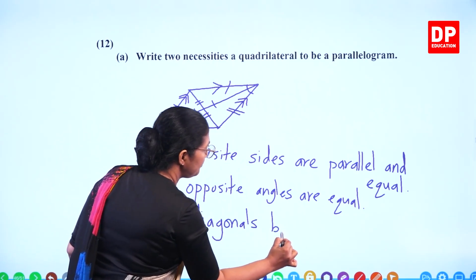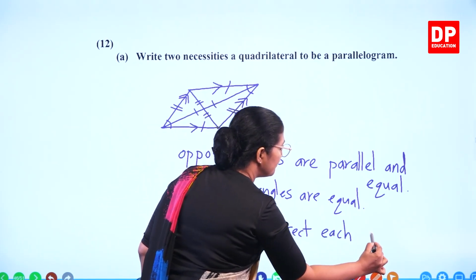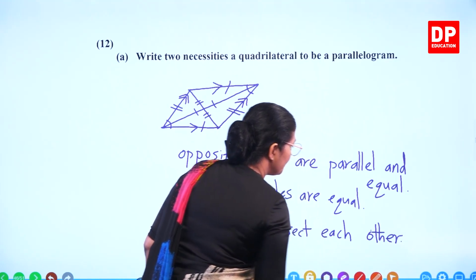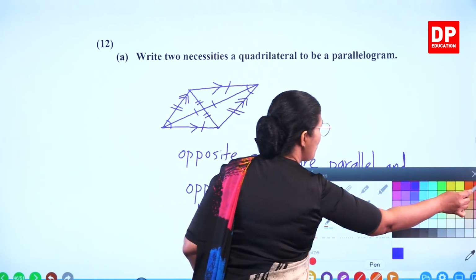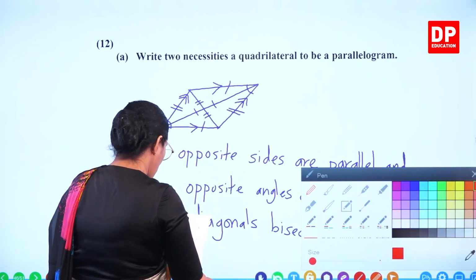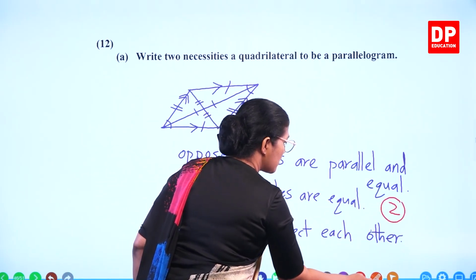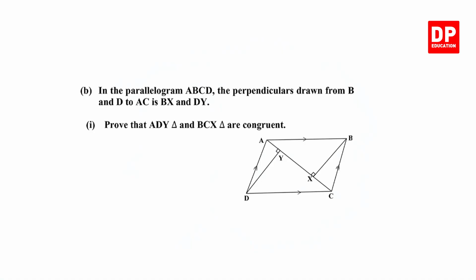Diagonals bisect each other. So how many marks do you get for writing 2 reasons? You get 2 marks, 1 each. So you don't have to write 3. Then let's take the next one.